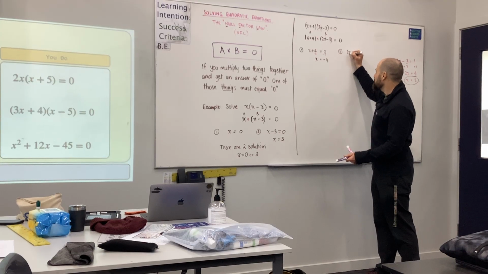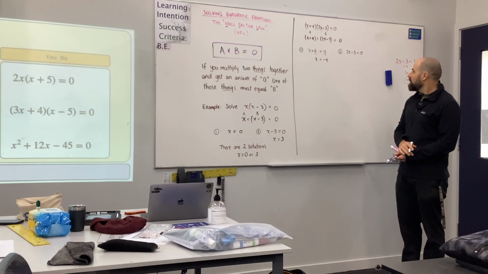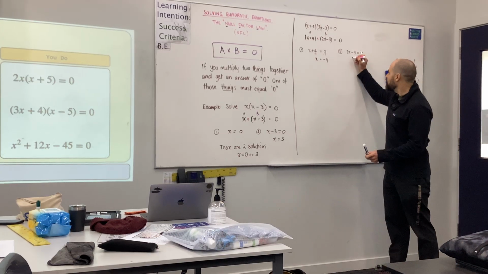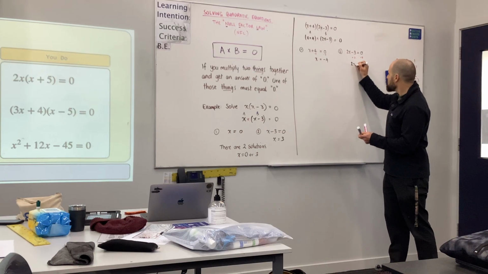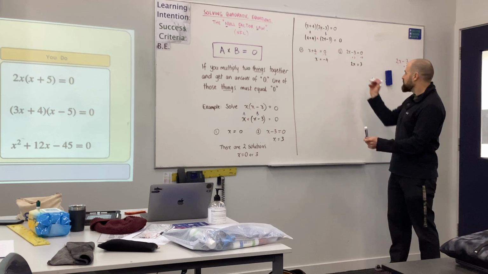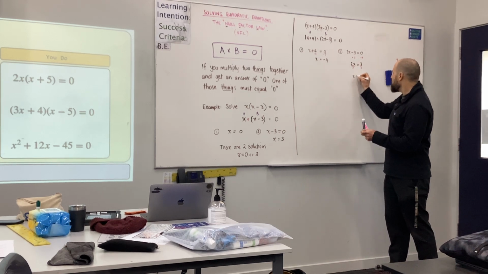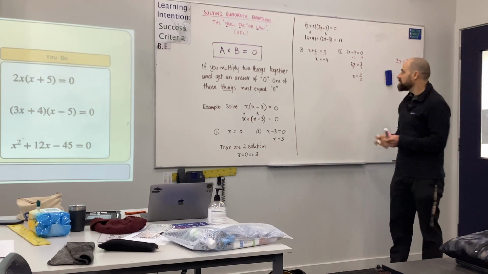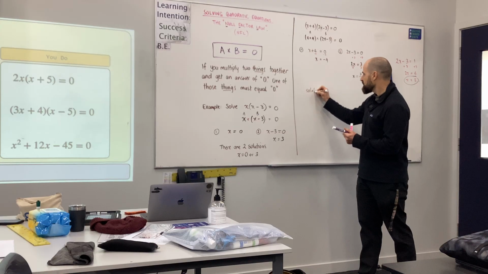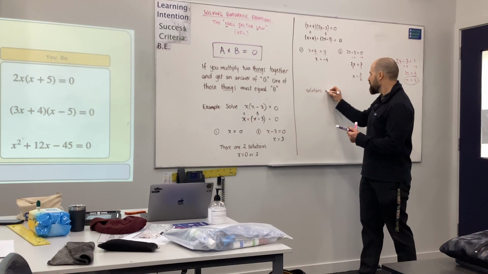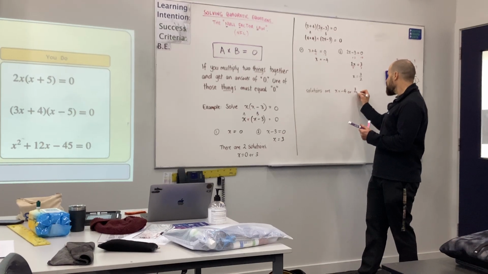So my other possibility is that 2x minus 3 equals 0. How do I solve this? I add 3 to both sides. 2x equals 3. And then I divide both sides by 2. And I get x equals 3 over 2. So my solutions are x equals -4 or 3 over 2.